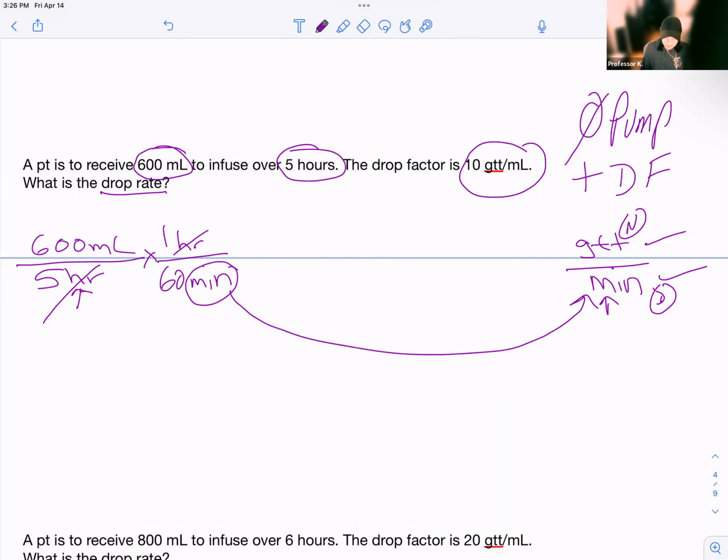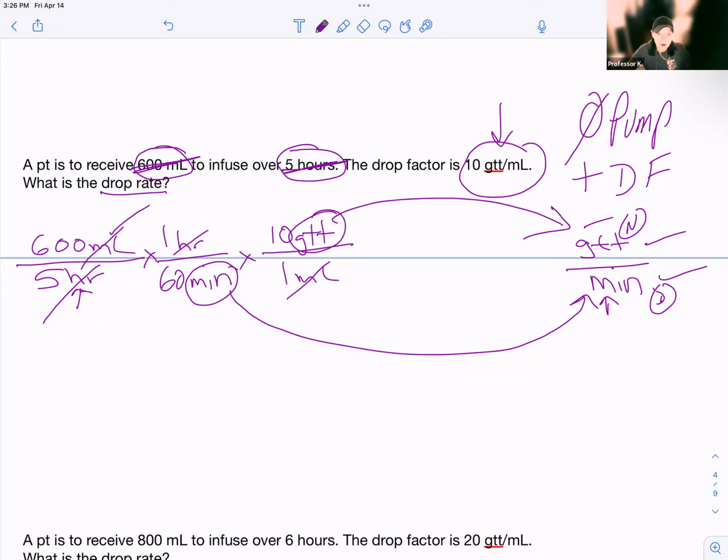Beautiful. Now I have milliliters and I need to get to drops. So is there anything in my problem I can use? Well, there sure is. There's 10 drops per milliliter. That's my drop factor. So I'm going to put 10 drops per 1 milliliter. That gets rid of my milliliter and it leaves me with drops.